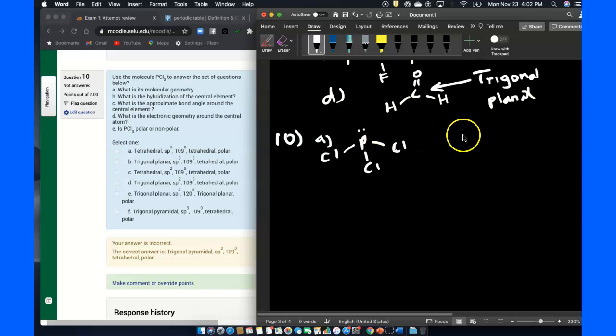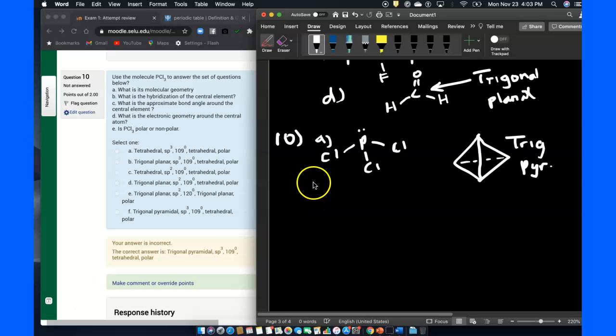For molecular geometry, we are connecting the elements, so again we don't care about that lone pair. It will turn out to be a pyramid, and the pyramid has 3 elements at the surface. So the answer for A is trigonal pyramidal.